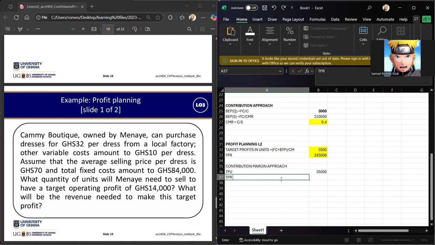We've already done the format. So here equals what? Fixed cost plus our targeted profit, put into brackets, then we divide it by our contribution margin ratio, which we did. So this plus this will give us what?